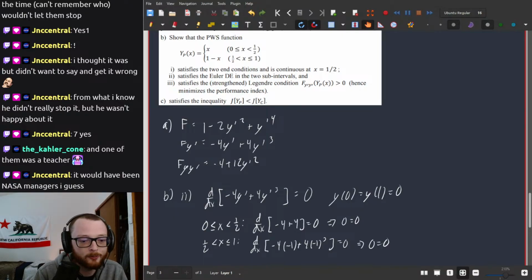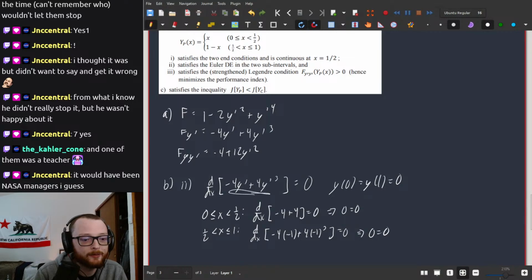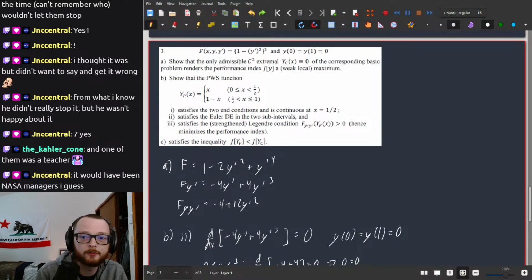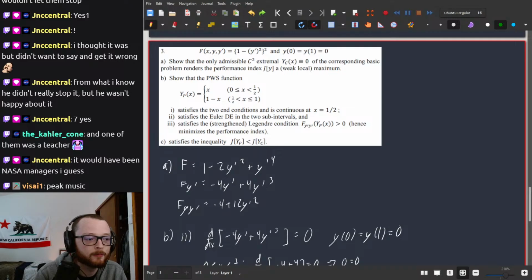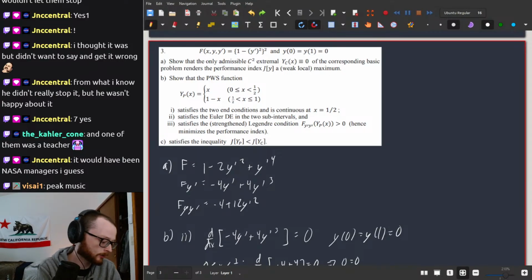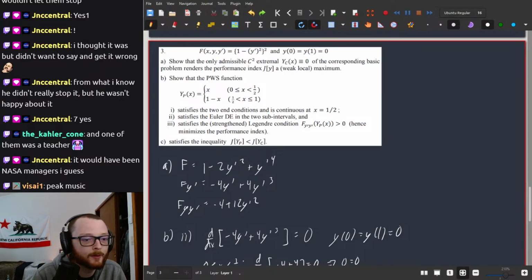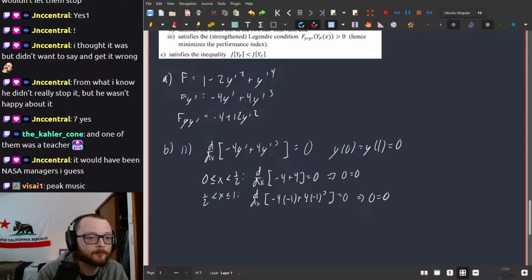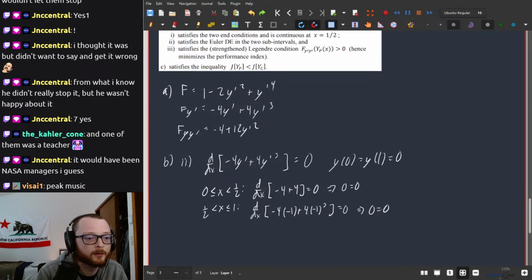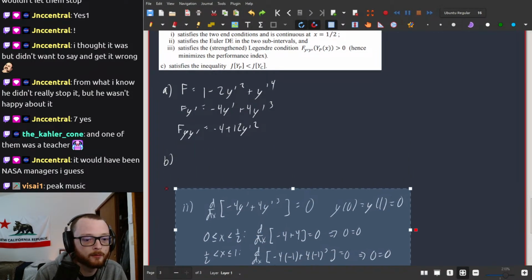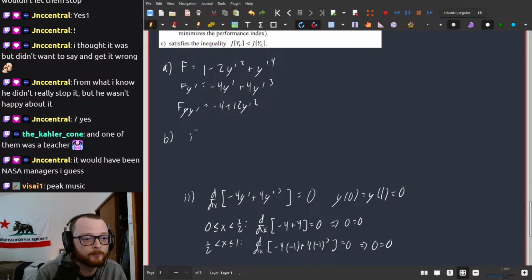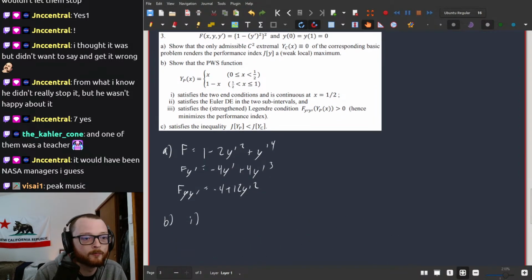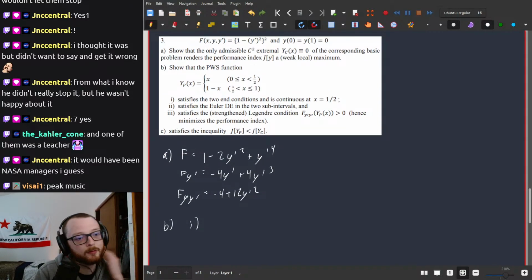But I think I answered my own question about why it is always a linear function when your function only involves y prime. It's more about plugging in and just seeing that it works, I think. Peak music, thank you. Satisfies the two end conditions and is continuous at x equals a half.